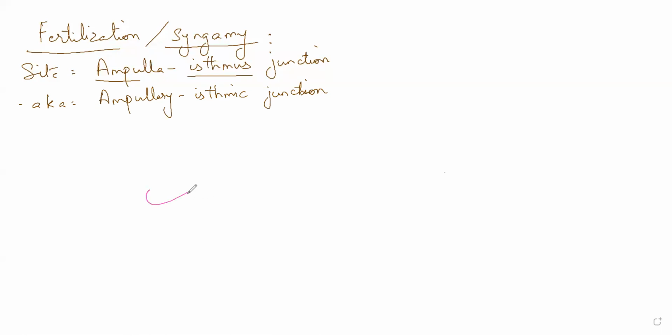The fallopian tube looks something like this. Inwardly directed processes, the funnel-shaped structure, the fimbriae we studied, and then the tubular part, which opens into the uterus. The part which connects the uterus to the fallopian tube is known as the isthmus.